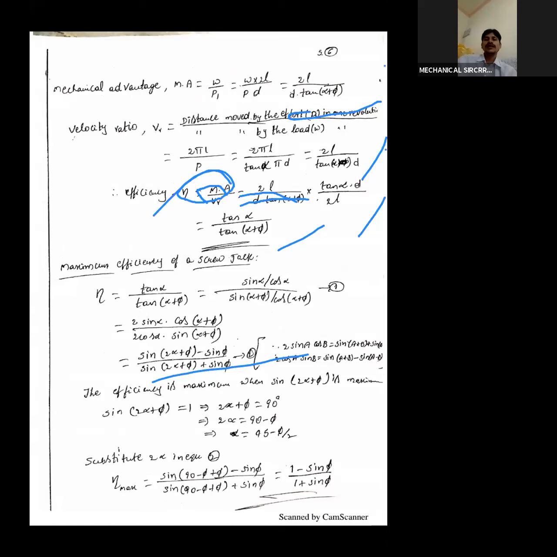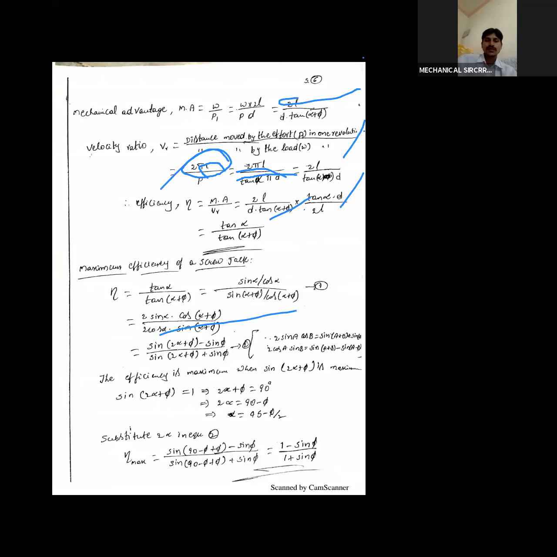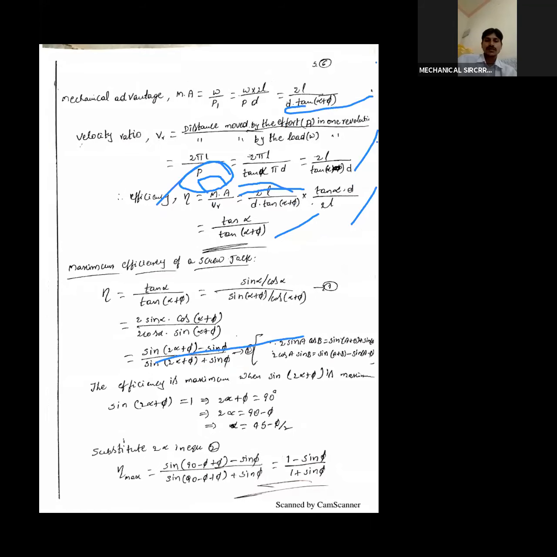Just observe that tan alpha by tan alpha plus pi can also be written with tan as sin by cos: sin alpha by cos alpha, and tan alpha plus pi means sin alpha plus pi by cos alpha plus pi.